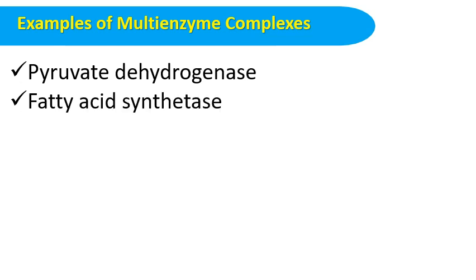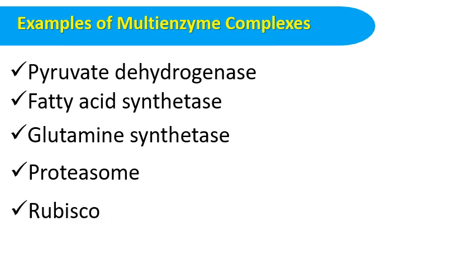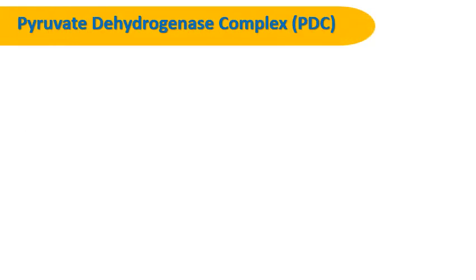You have another complex which we call fatty acid synthetase complex. You have yet another one, glutamine synthetase complex. You have the proteasomes complex, and you have the rubisco complex. Now, those are the examples that we'll consider.